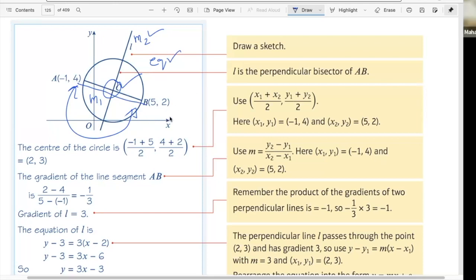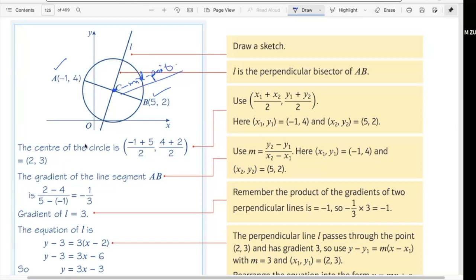Could you explain that one more time? Yes. This is the given information, A and B only, and we need to find the equation of line L. Using A and B, we can find C by using midpoint. First point.